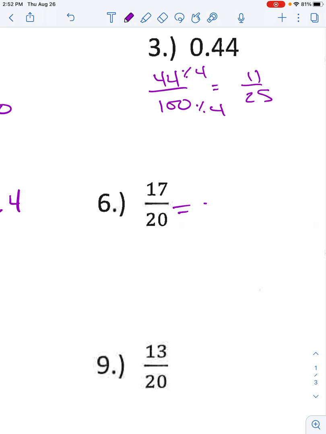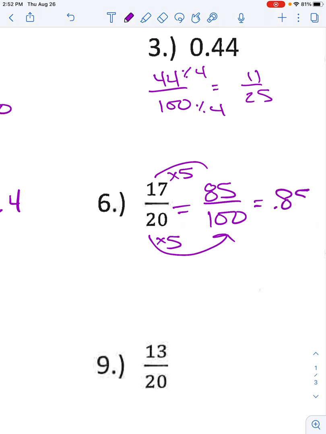So what you're trying to do here is make that denominator out of tenths or hundredths. Number 6, I can make 17/20 out of 100. Multiply by 5. 17 times 5 is 85. And then to write this, I would write 85 hundredths is 0.85.